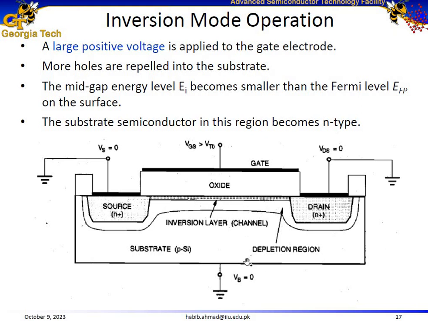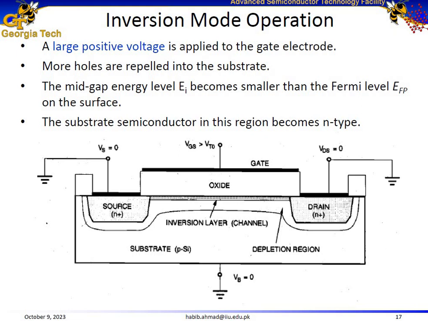Now the basic question is that the substrate is p-type, which means that the majority carriers in the substrate are actually holes. So where do the electrons come from in the p-type substrate? Let us try to address this point initially and then we'll focus on the channel and the operation of a MOSFET.